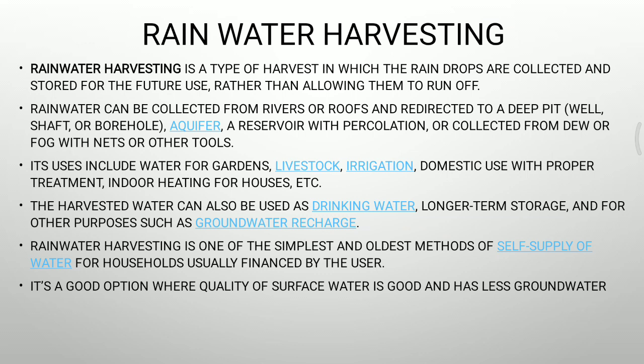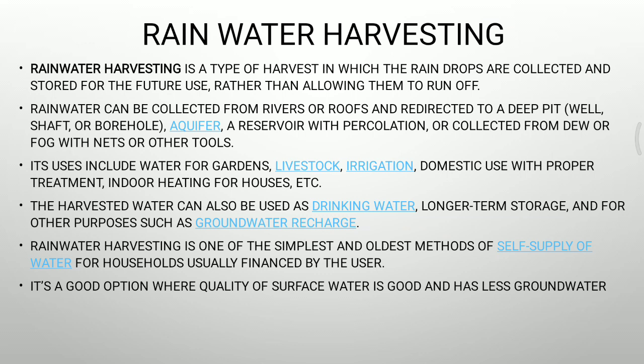Its uses include water for gardens, livestock, irrigation, domestic use with proper treatment, and indoor heating for houses. The harvested water can also be used as drinking water, for longer term storage, and for other purposes such as groundwater recharge.